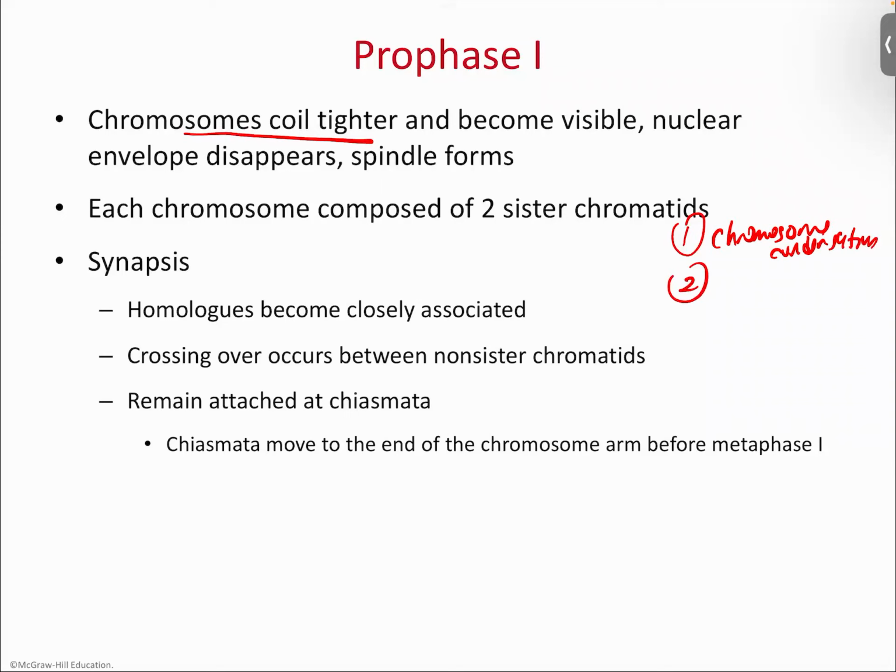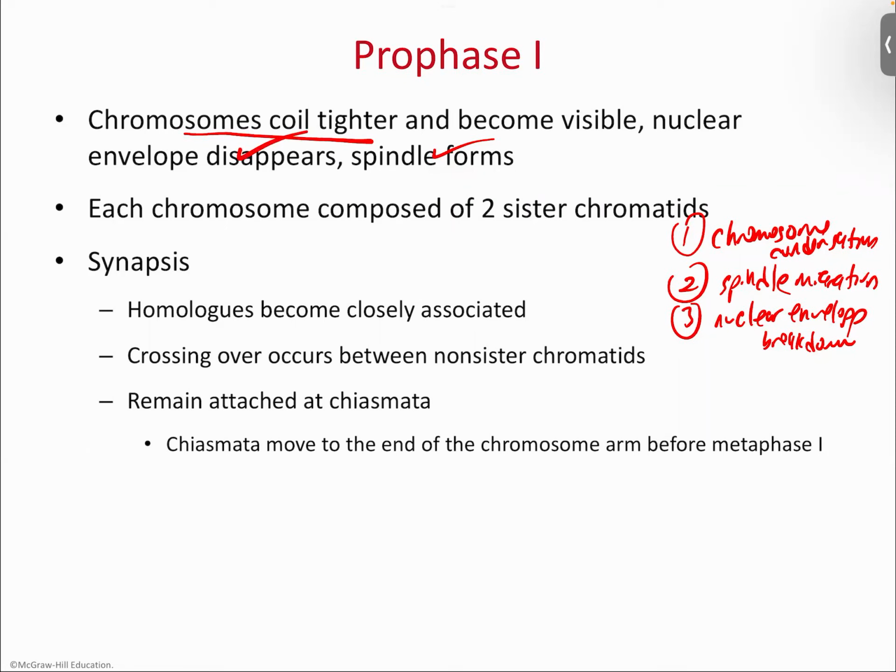That's also happening in mitosis, yes? We also have spindle migration. Is that happening in mitosis? Yep, that's happening in mitosis too. We also have nuclear envelope breakdown. Is that happening in mitosis? Yeah. So what's different then, right?